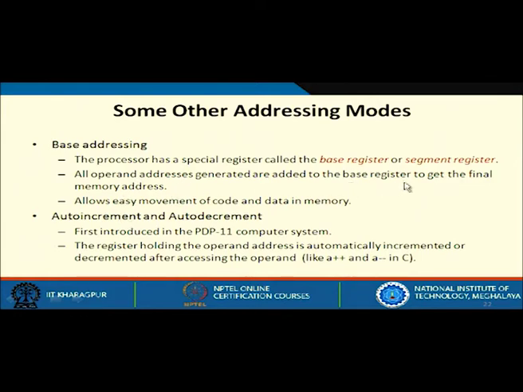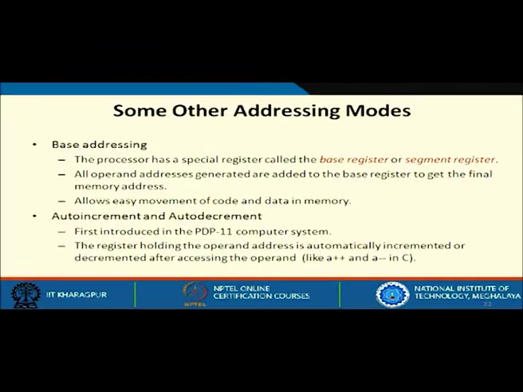Let us say the processor generates the addresses 0, 1, 2, 3, and you have stored some address in the base register, let us say 1024. Then 1024 will be added to that particular address to go to the exact address. This is what base addressing means, and it allows easy movement of code and data in memory.